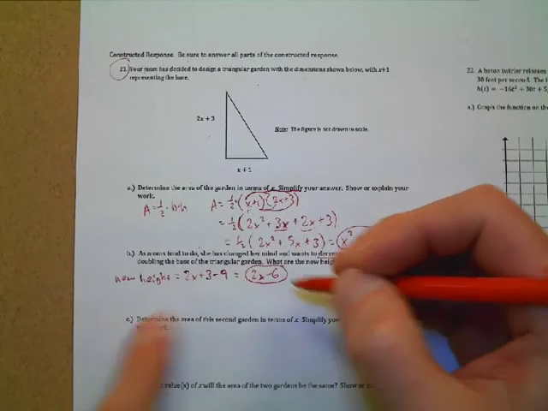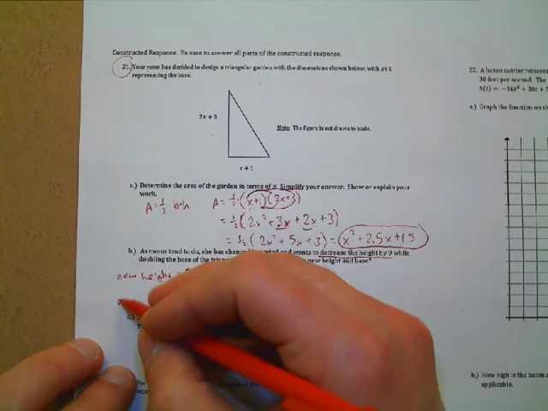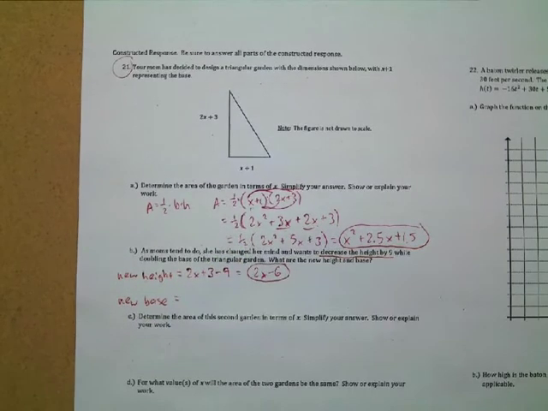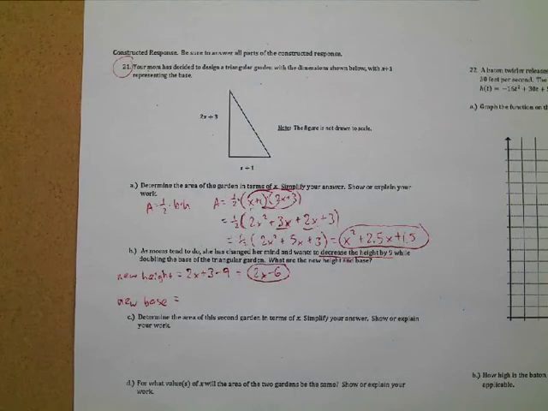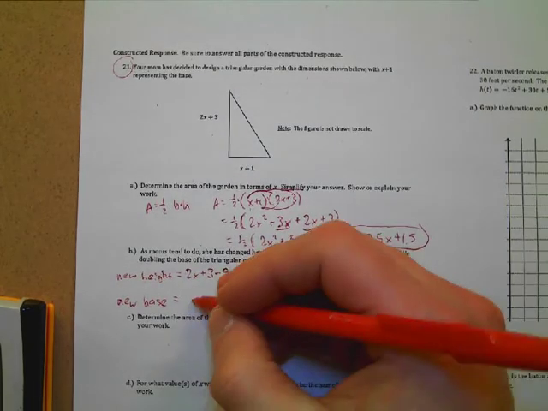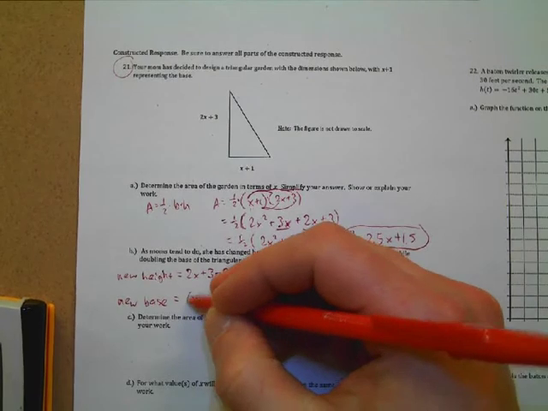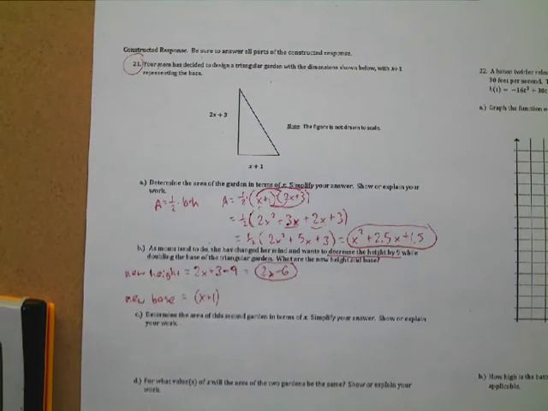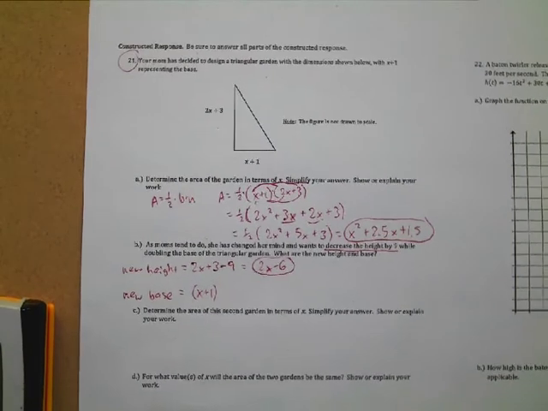Okay? Let's do our new base. What's our old base? x plus 1. And what are we supposed to do to find the new base? Square. Does it say square it? What does it say to do? Double.